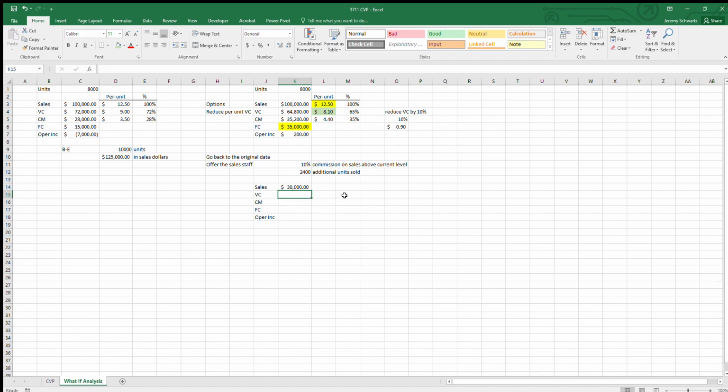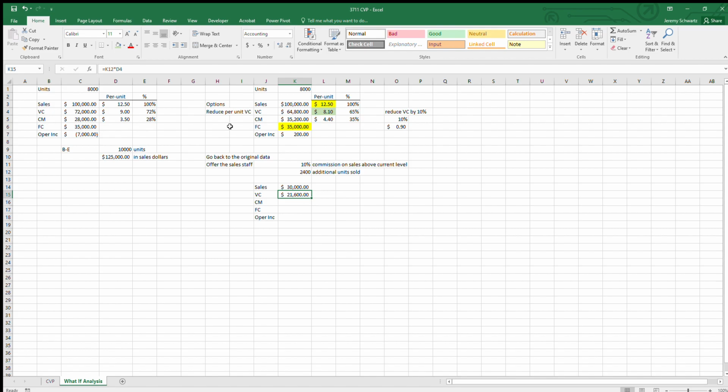Now the variable costs, we're going to have the 2,400 units multiplied by the $9. That's what it would be just if we're able to then sell those units as is.